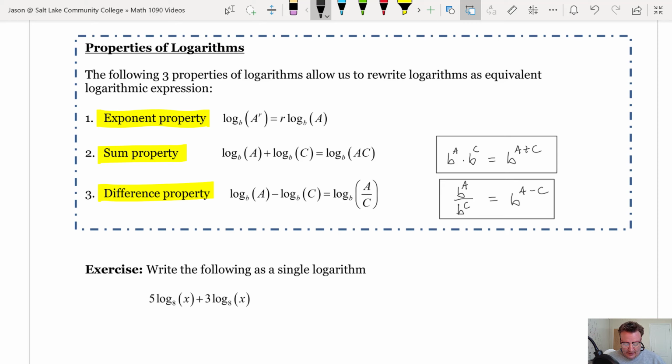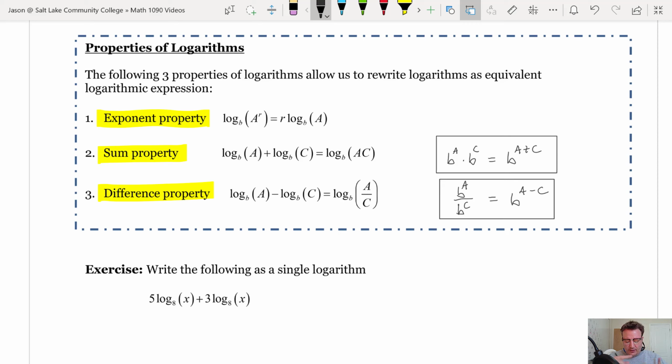Okay, so we'll often use these properties of logarithms to rewrite several log expressions being added or subtracted into a single logarithmic expression, because this is going to allow us to solve equations more easily. But be aware that sometimes you want to do the reverse.